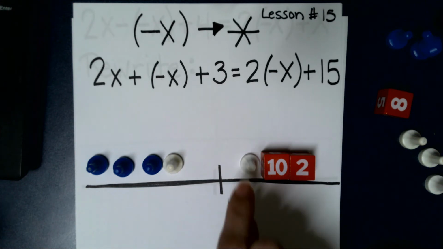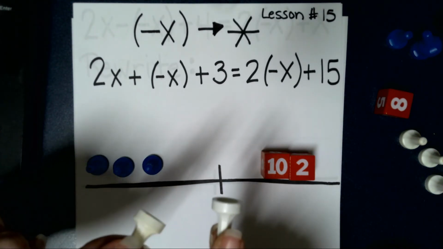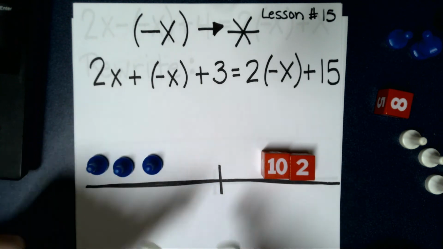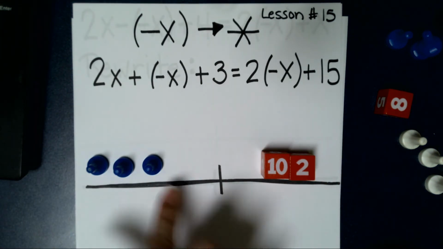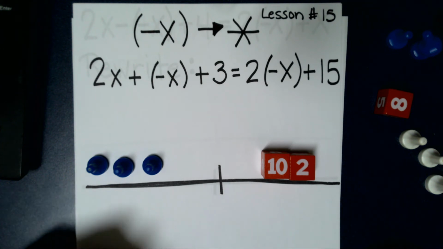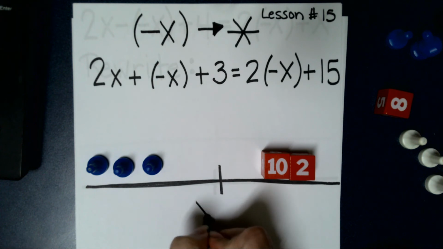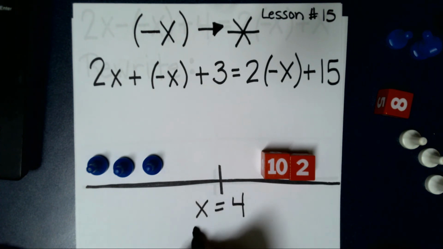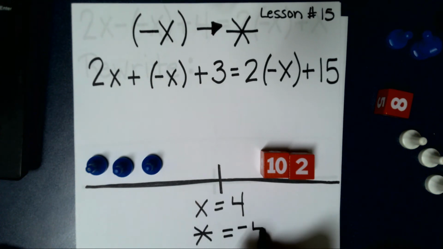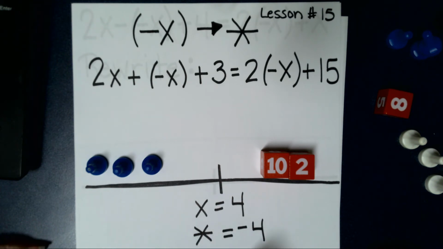So I can now remove a star from each side, and that leaves me with 3 pawns equals 12. So 1 pawn would be equal to 4. A star would be equal to the opposite of 4, which is -4. We can also write that as a negative x, or the opposite of x.